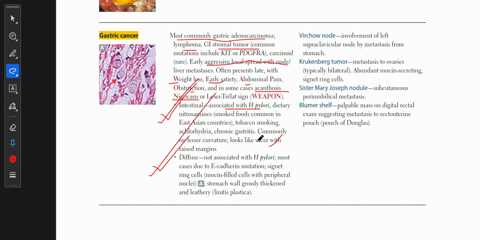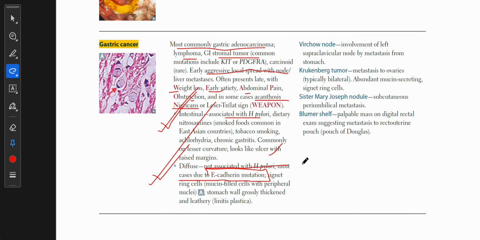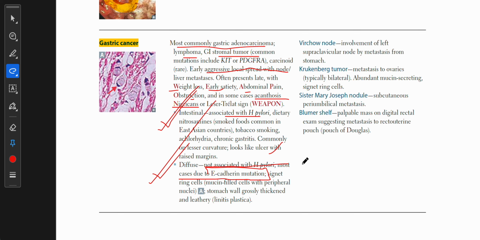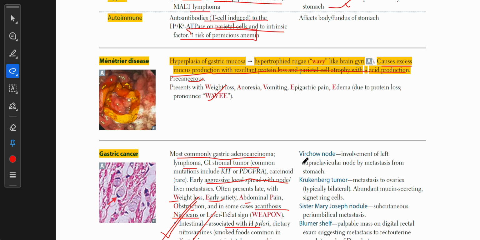And in the diffuse type, it is not associated with H. pylori, and most cases are due to E-cadherin mutation. Signet ring cells, mucin-filled cells with peripheral nuclei. Figure A, we will talk about that. And the stomach is grossly thickened and leathery, linitis plastica, you can see, right?